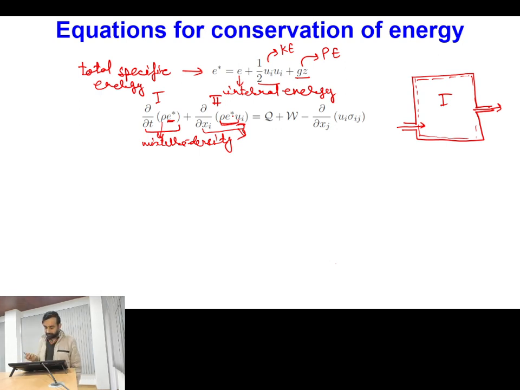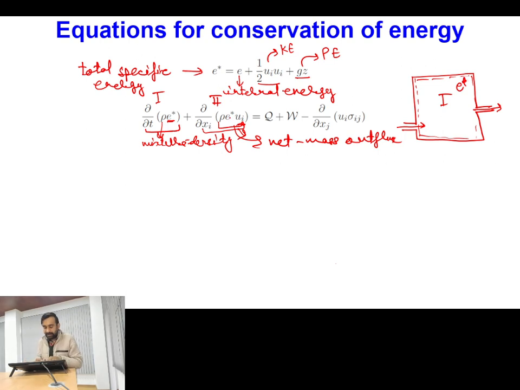Why am I writing E star here also, and E star here also? Can you tell me? Because whenever I write this term del by del xi of rho ui, it represents the net mass outflux, the net mass going out of the system. Whatever mass is going out of the system will go with an energy state equal to that of the system.